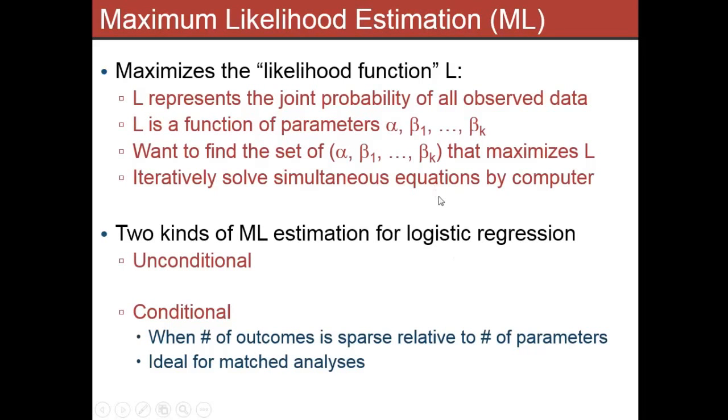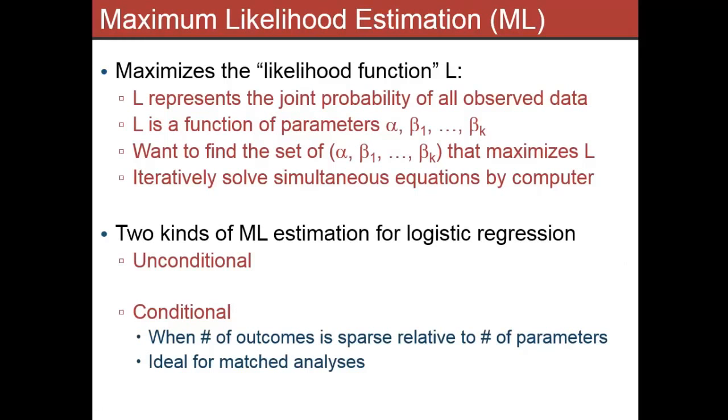There's no closed form solution for it. In least squares, for linear regression, you can write it algebraically in a happy way and kind of do it by hand. In many cases for MLE, you need to iteratively solve it on a computer. There are formulas for it, but you need a computer to solve this set of equations. And there are going to be 2 flavors of this, the conditional and the unconditional model. The unconditional model is the standard version of logistic regression and MLE, and that's what we're using most of the time.